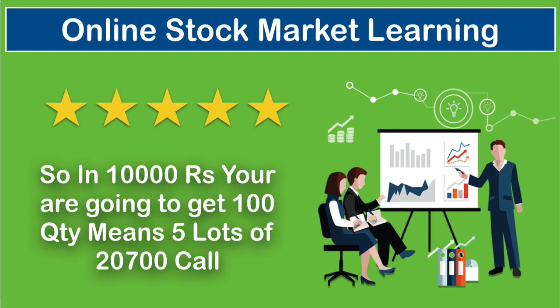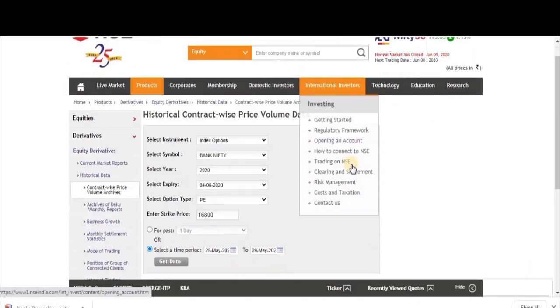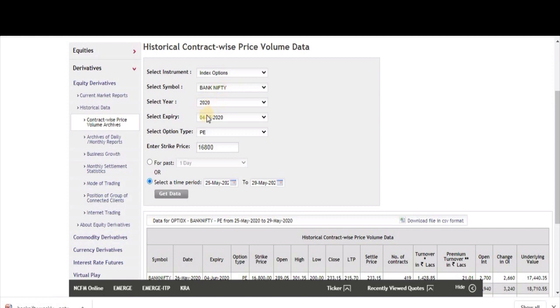below 100 rupees. So let's have a look at what the price was on the very first day on NSE. Index Bank Nifty 2020, the selected expiry was the weekly option. So we are doing a weekly option strategy, and we are going to select the call of 20,700 here.